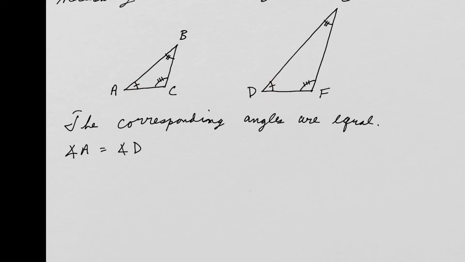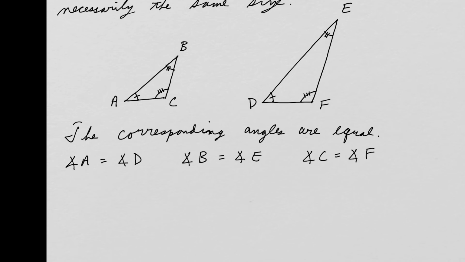Angle B is equal to angle E. And finally, angle C has the same measure as angle F. Make sure you can see the whole thing there.